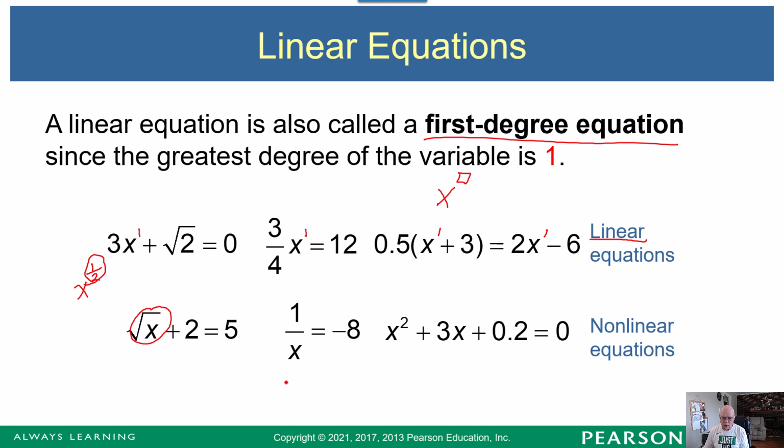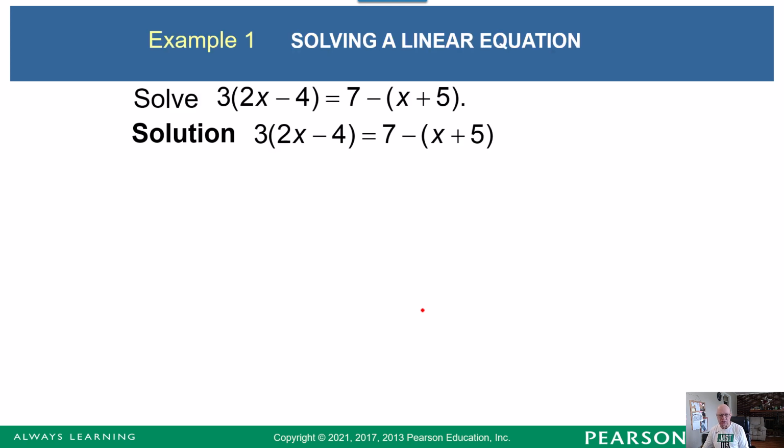An equivalent way of writing that is x to the -1 equals -8. This is not a 1, so it's not a linear equation. And last of all, this one is not a linear equation because x has a 2 as an exponent. So it's a non-linear equation.